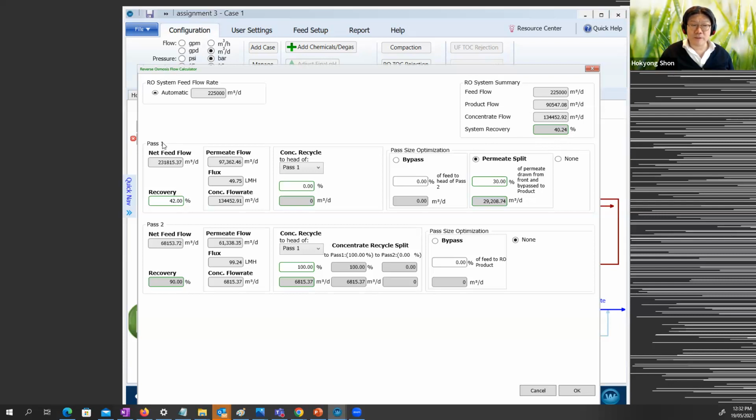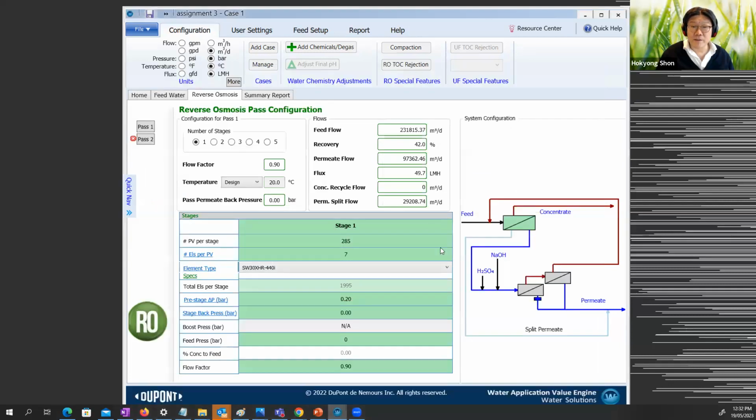He has two passes, first pass and second pass. He would like a first pass 42% recovery, and then second pass 90% recovery. And that's his overall flux, concentrate recycle, how many bypass, how many permeate split he has, and this is all the detail he has.